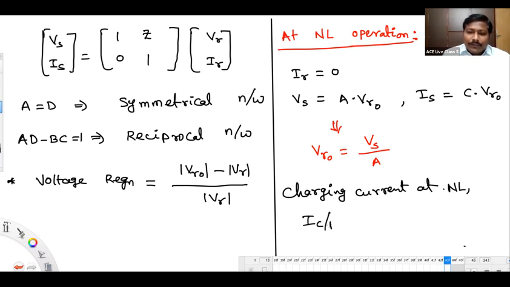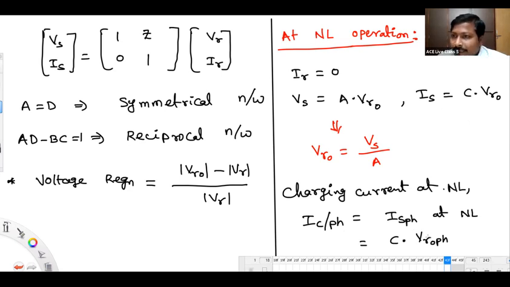IC per phase is nothing but the sending end current per phase at no load operation, that will be C into VR0 phase. What is VR0 phase? It will come like Vs phase by A.